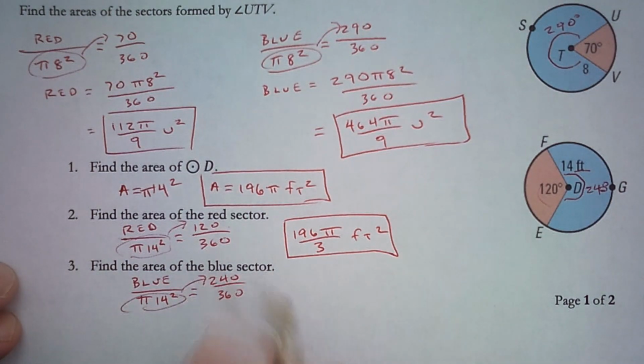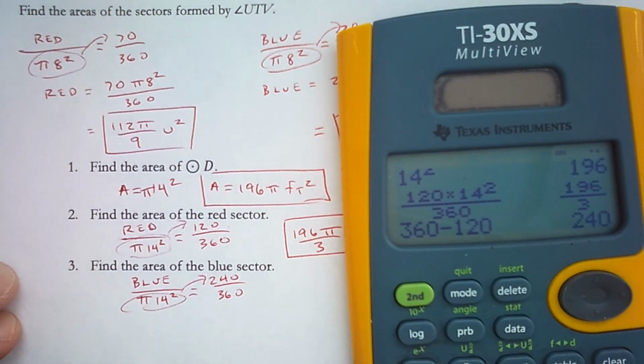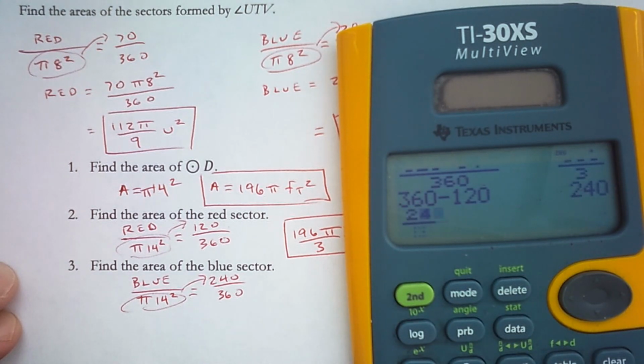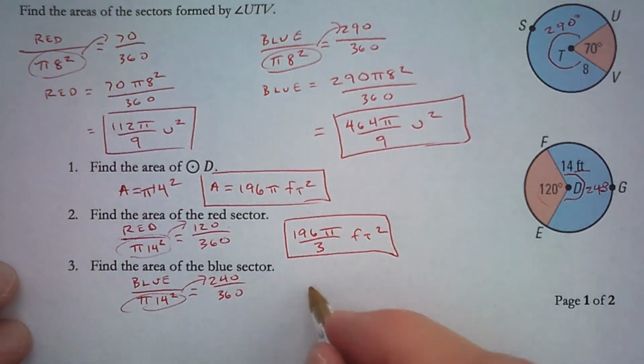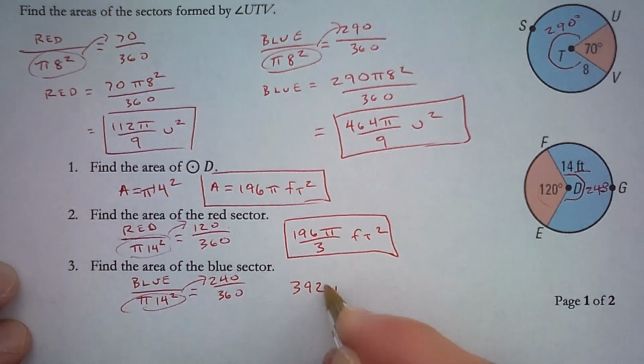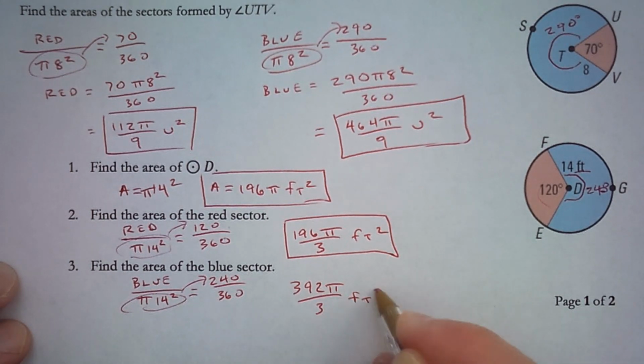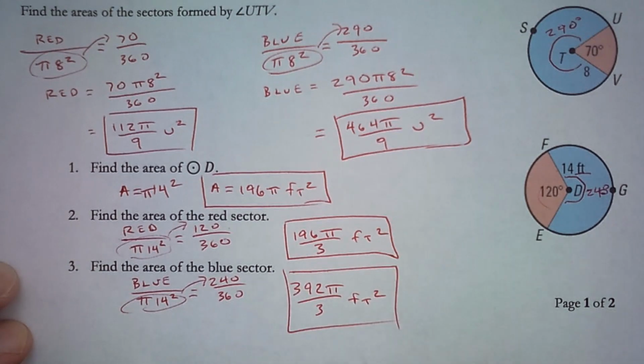And I'll multiply this across. So my fraction is 240 times 14 squared over 360. And I get 392 over 3. So the area is 392 pi over 3 feet squared.